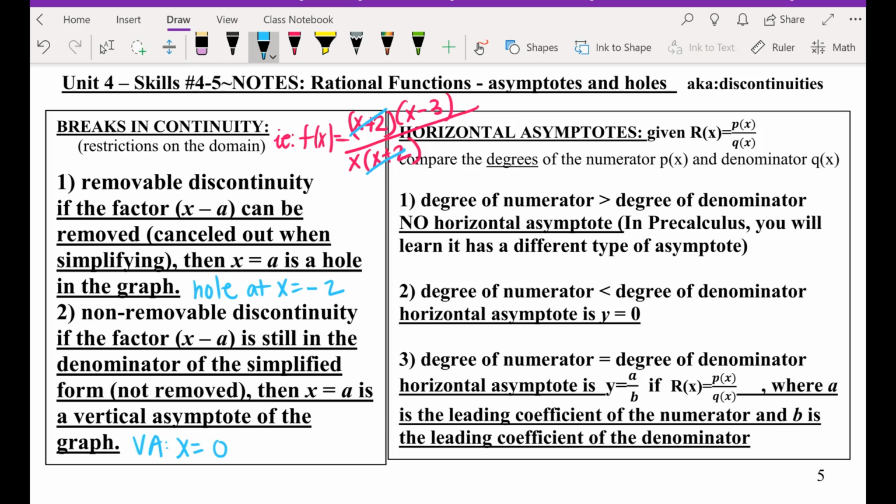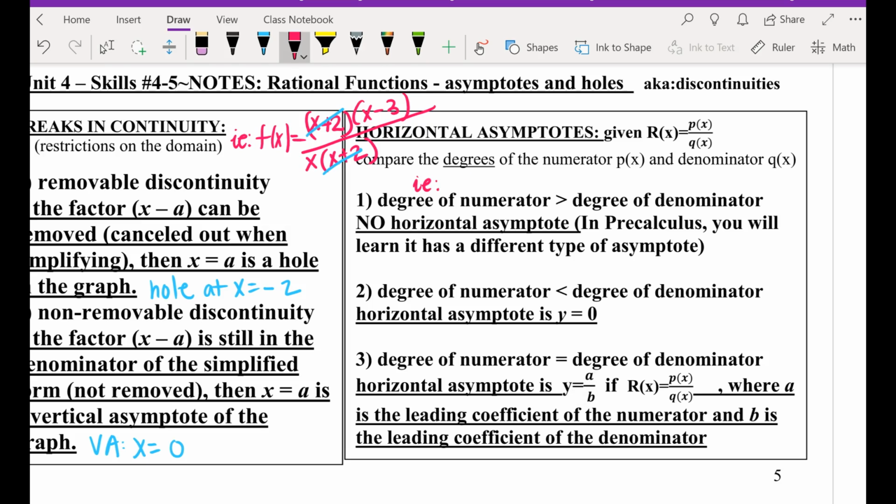Greater than the degree of the denominator, then this one has what? No horizontal asymptote. In pre-calculus, you're going to have other kinds of asymptotes, but we'll save it for next year. So right now, we're only going to study flat lines, okay? Horizontal or not at all. So in pre-calculus, we'll figure something out. So i.e., for this case, let me give you that example.